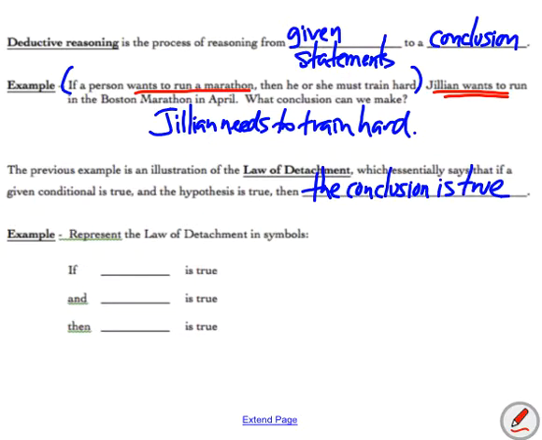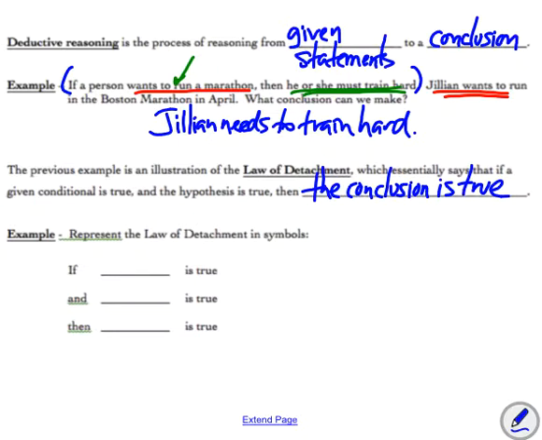She wants to run a marathon. Therefore, the conclusion, this part here, which follows, has to be true about Jillian as well. Since she fits into the hypothesis, she also has to fit into the conclusion. And so that's what we call the law of detachment in logic theory.